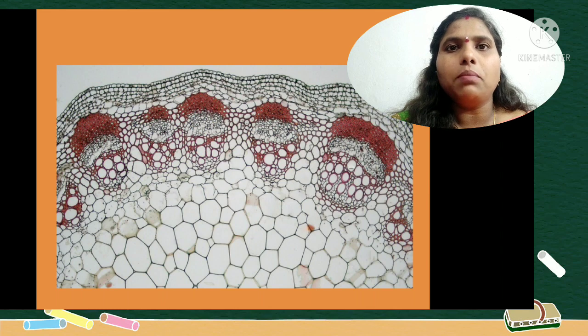See this TS of dicot stem. In this, vascular bundles are arranged in a ring. In each vascular bundle 2 tissues are present. On the inner side of the vascular bundle, xylem tissue is present, and on the outer side is phloem.